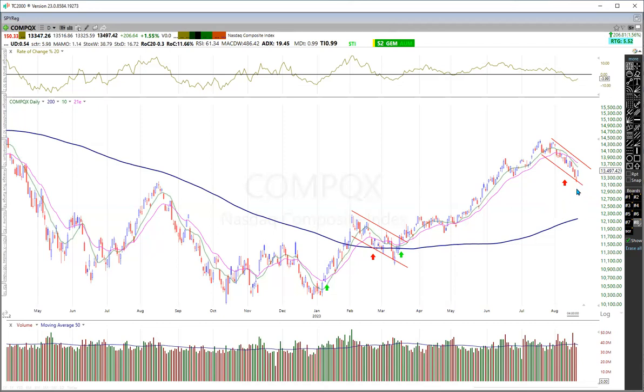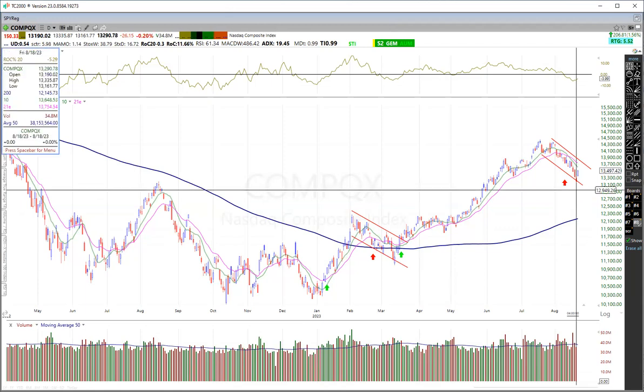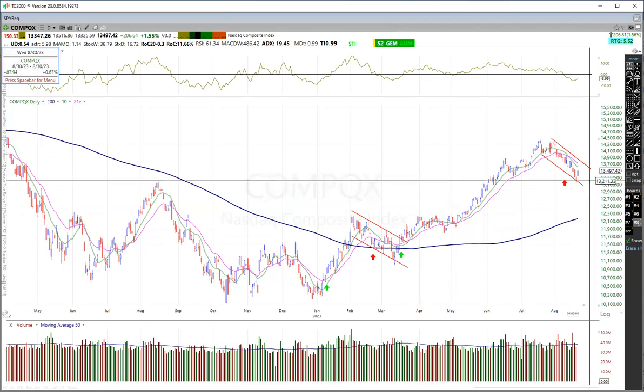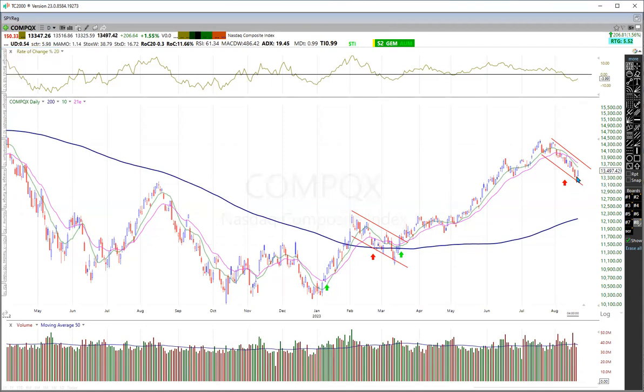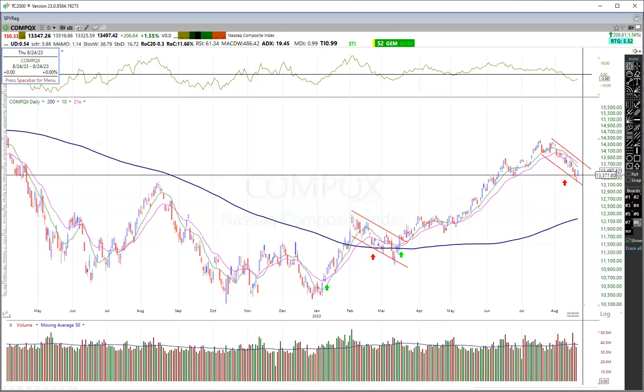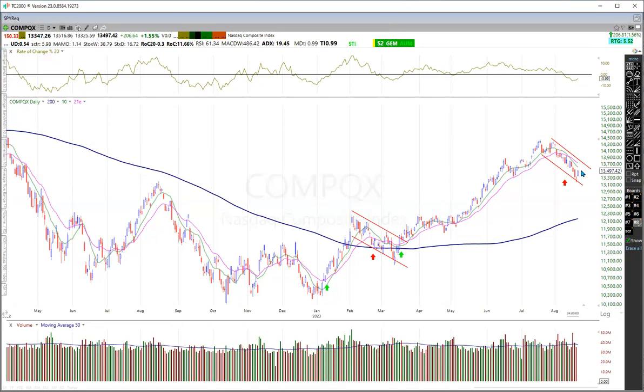In terms of the last couple of days' action, over here we did test to the penny, basically, prior resistance, which now becomes support. It was a gap down with a bullish day close up, and then this morning we gapped up and basically worked our way up and closed at the highs of the day.